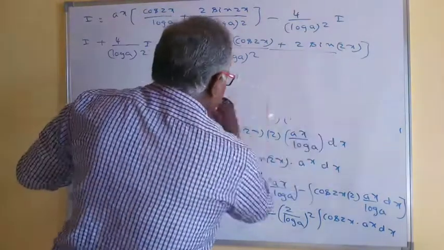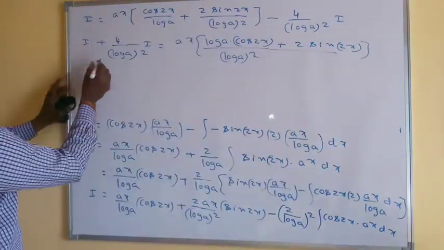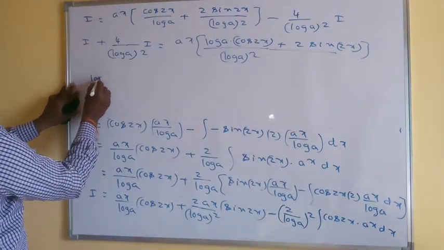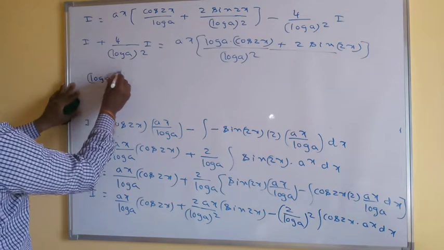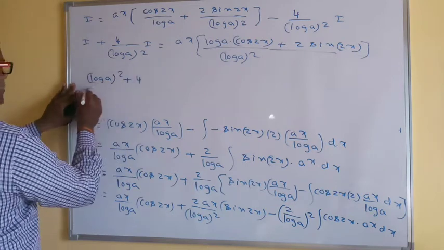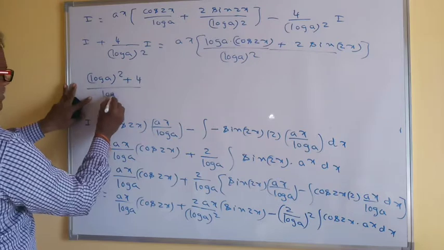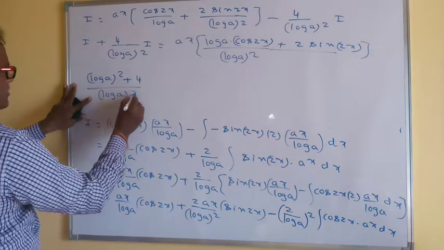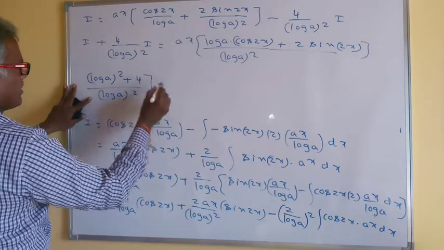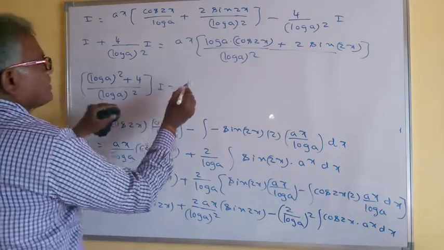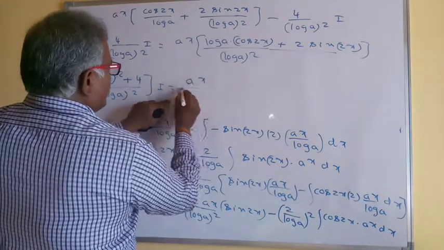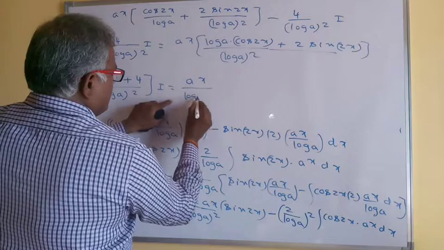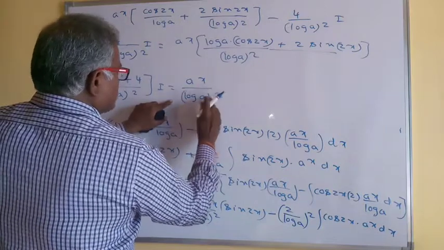So here, log a whole square plus 4 by log a whole square into I. Here also a power x by log a whole square.